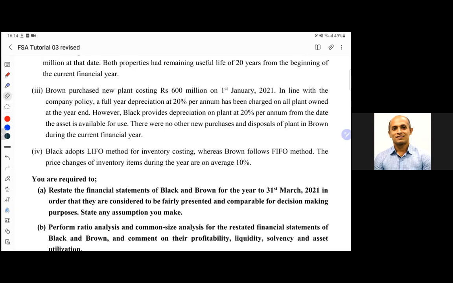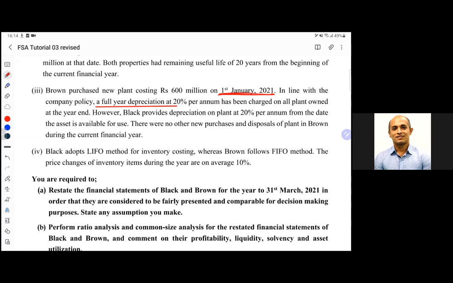In line with the company policy, full depreciation at 20% has been charged on all plant owned at the year end. Now you see Brown's accounting policy is full depreciation in the year of purchase. Now you see the company purchased a new plant on 1st January 2021. Year end 31st March 2021. Then only 3 months after purchasing the asset, the company has used it for only 3 months.